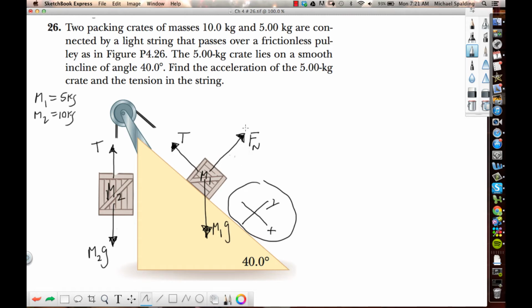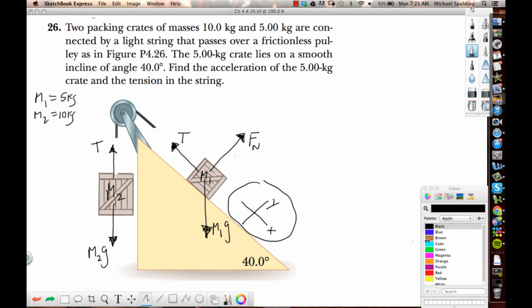Now, what's nice about the normal force? It points perfectly y. What's nice about tension? It points perfectly x. What about mg? We have to break it into components.